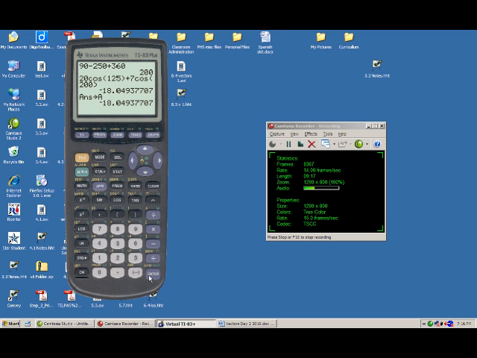Now for the other one, I'm actually just going to hit second enter. It's going to bring this back up, and I'm going to change these cosines to sines. And that's going to give me my vertical component, and I'm going to store this for B. So I can call up these unrounded numbers.